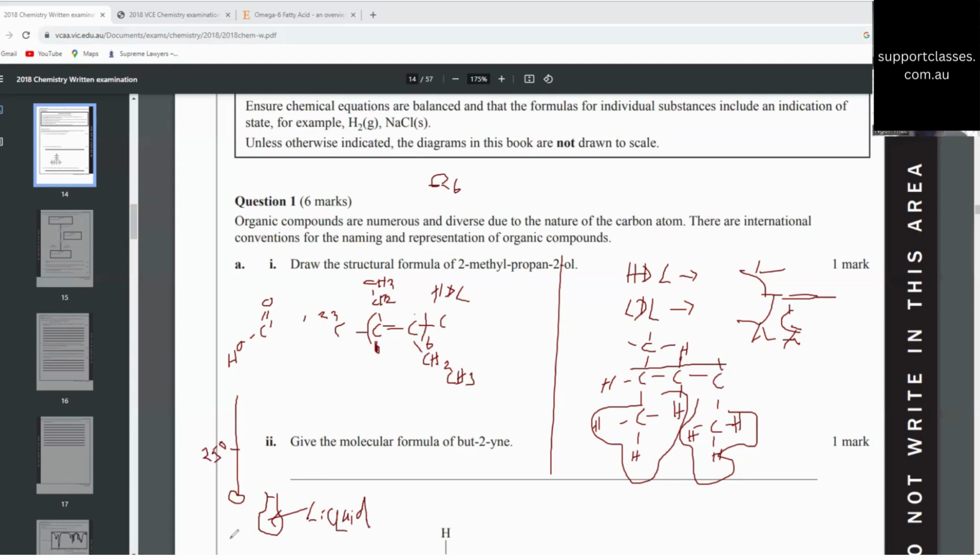So they are liquid, meaning that their melting point and boiling point are low. That is why at room temperature it is a liquid.